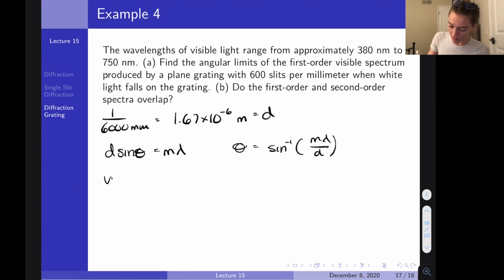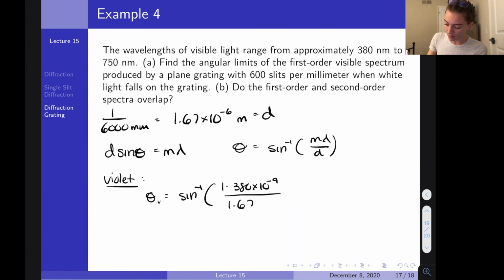So violet, we'll call it theta v, is going to be sine inverse of 1 times 380 times 10 to the negative 9 over 1.67 times 10 to the negative 6. And when you plug that into your calculator, this comes out to 13.2 degrees.